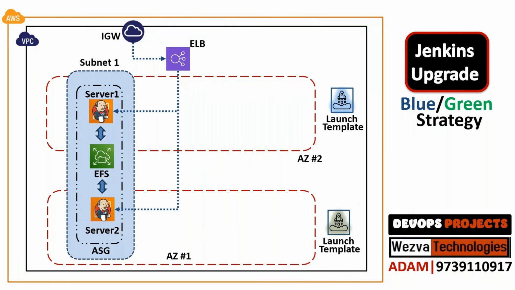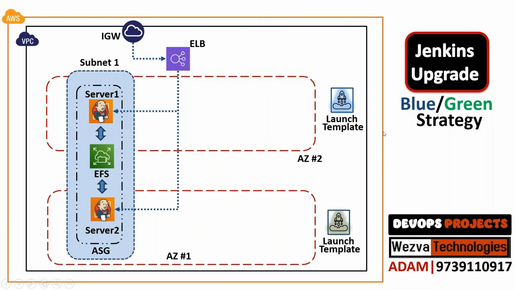So how do I do it in such a way that my Jenkins can be upgraded when it is currently running? That's where in the blue-green model, your current version of Jenkins that is running, consider it as blue. And the new version that you want to upgrade to is what we are going to call green.